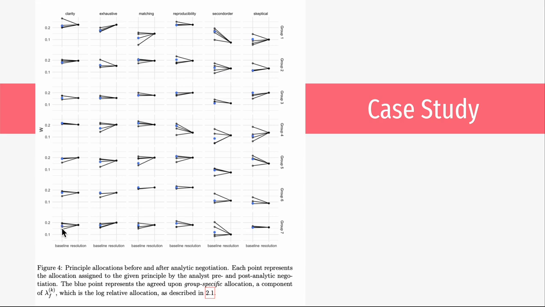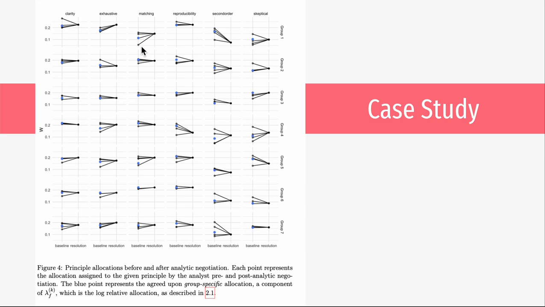These individual black dots show the students' initial allocations. The blue shows the group consensus. Each of these groups had several individuals in them. They first came up with what principles they would allocate themselves. They then came to a consensus with their group. And then the lines point to where the allocation was post-analytic negotiation, so at resolution after they spoke with the client.